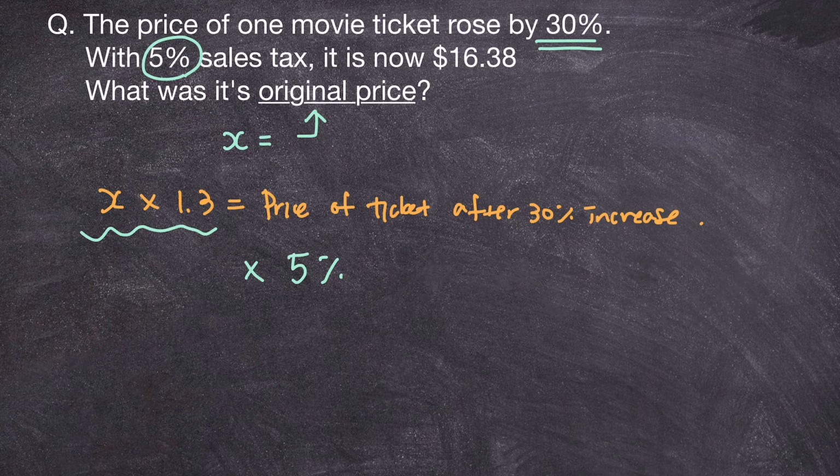So in order to get the total price with tax, what you should do instead is multiply 105%, or better yet, 1.05.